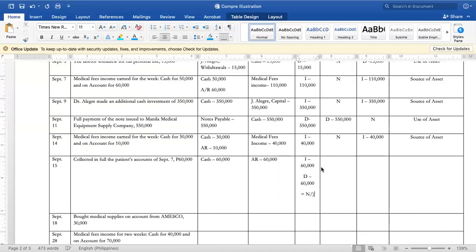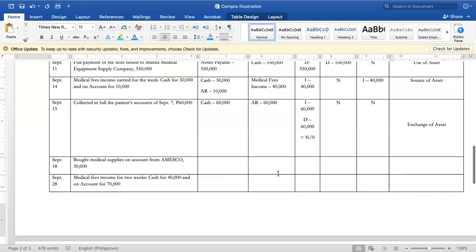Diba? Effect on your asset. How about liabilities? No effect because there's no liability account involved. At the same time, owner's equity, no effect. So, what type of transaction, di ba? Increase in asset, at the same time, decrease in asset, that is exchange of asset. Nag-exchange lang asset, so increase, decrease between assets.